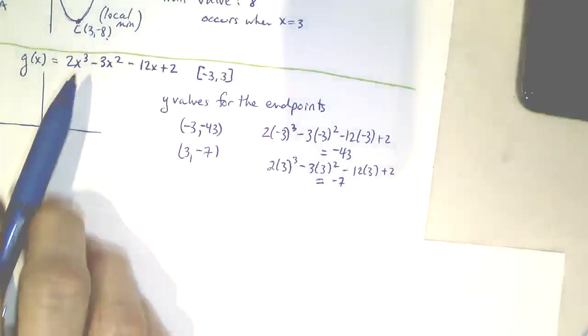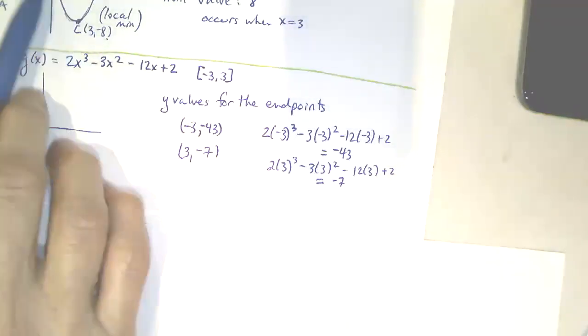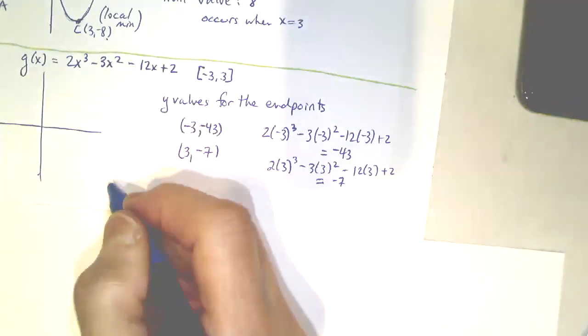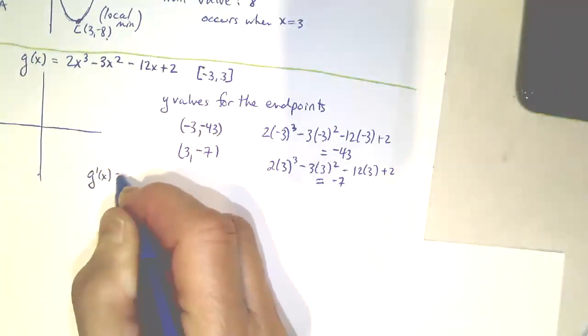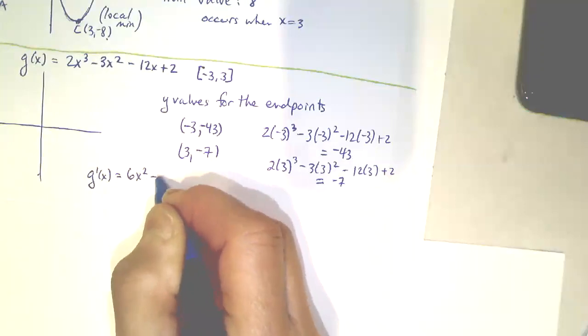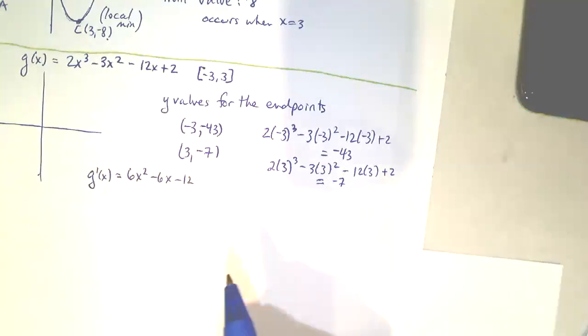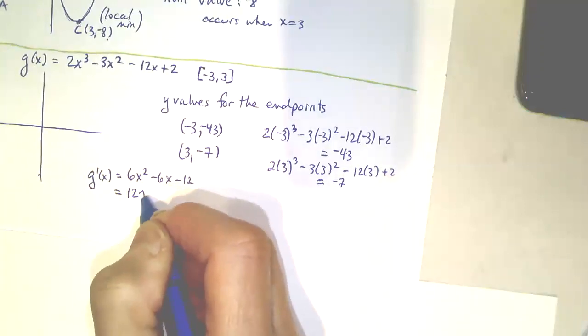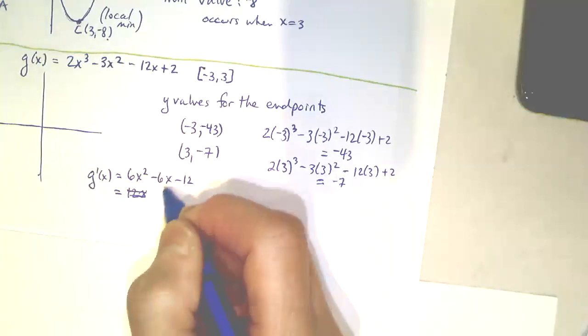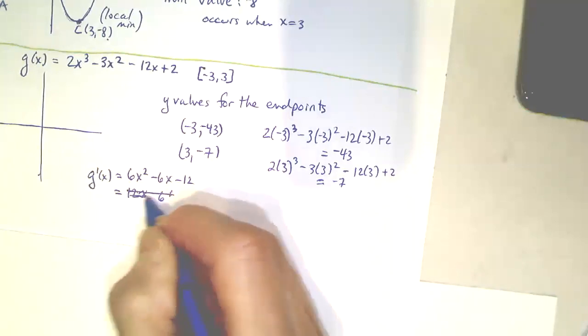Now, I want to know if there's a local max or a local min in this function. So I find the derivative. When I find the derivative, I get 6x squared minus 6x minus 12, which factors.